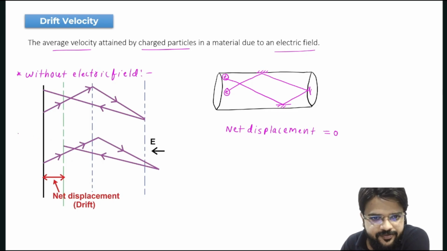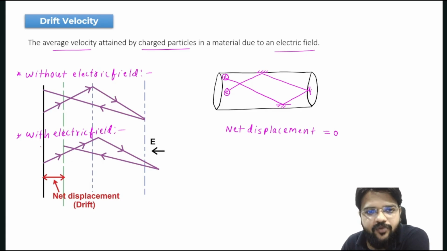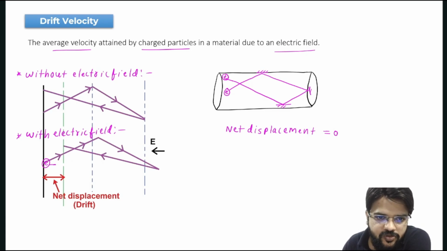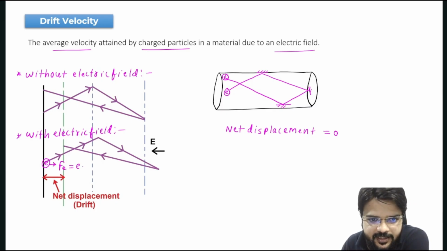Electric field is present, so this is with electric field. Okay, so when an electric field is present, then some force acts on the electron. Let's suppose initially this free electron is present here. On this electron, an electrostatic force acts in this direction, and it is E. Correct?